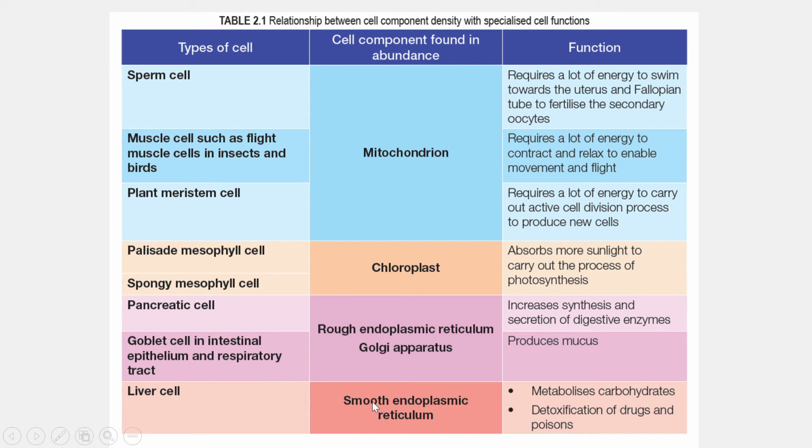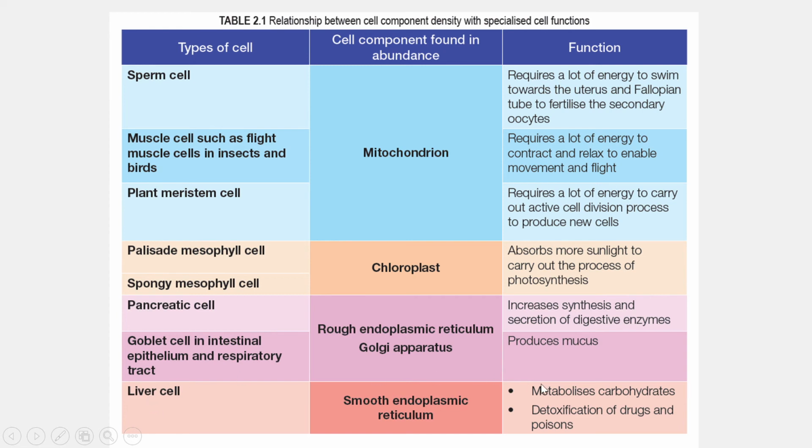Okay, next one is the smooth ER. So what's the function of smooth ER? And then why is it present in the liver cells? Okay, so you have to ask yourself, what is the function of liver?